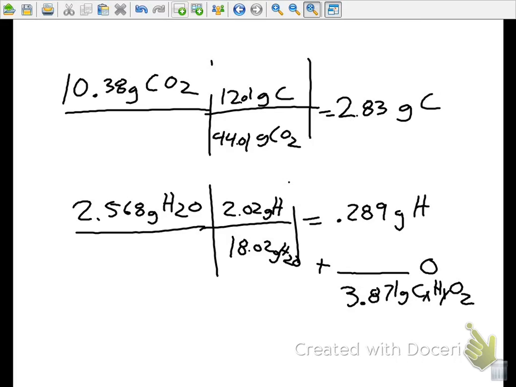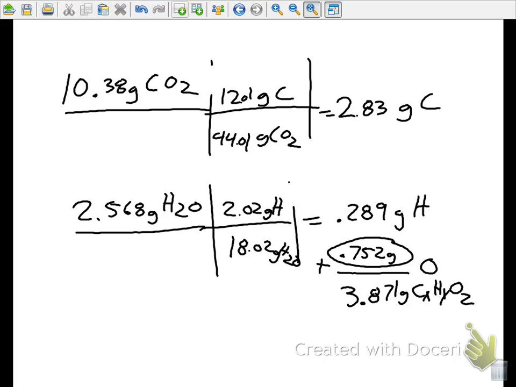Then the difference between 2.83 plus 0.289 and 3.871 would give me oxygen. So how much oxygen is there? What's the difference? 0.752. Okay, 0.752. Everybody get that? You just subtract those two from 3.871.